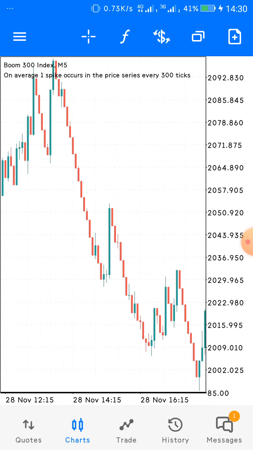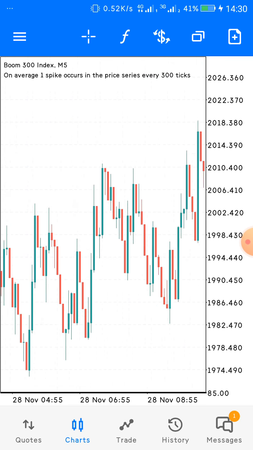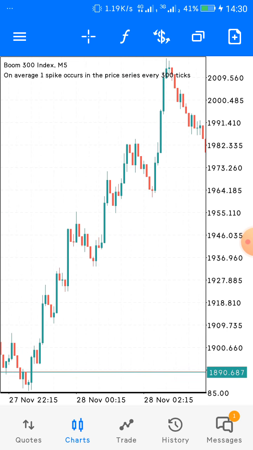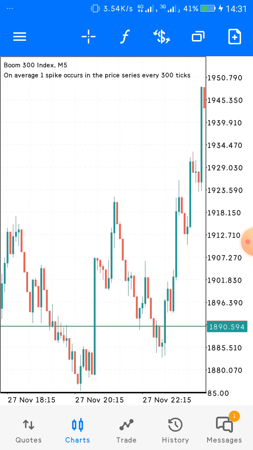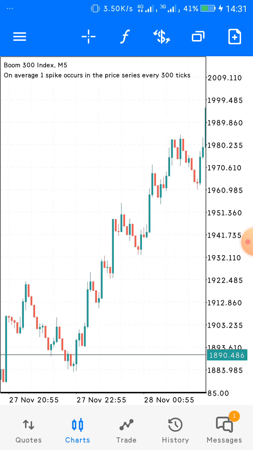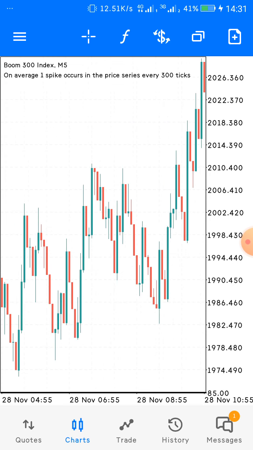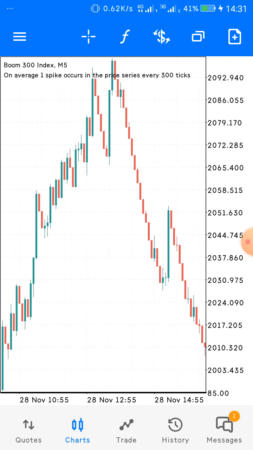But what I love about this strategy is that whether you're in an uptrend or a downtrend, you will always catch spikes, because it will only tell you to enter the market when there's going to be a spike, when it knows that there's going to be a spike, and it will tell you to exit the market when it expects that there won't be any more spikes in the market. That's when you exit the market.